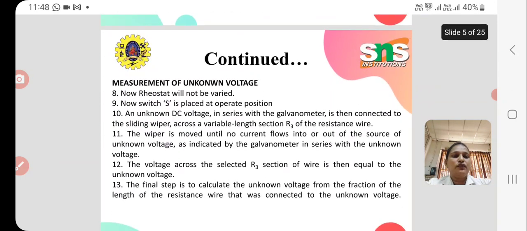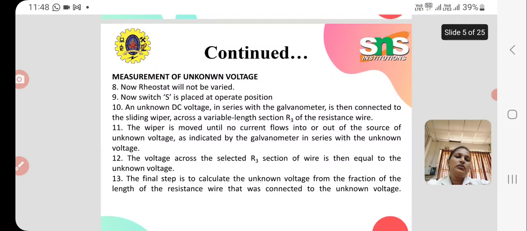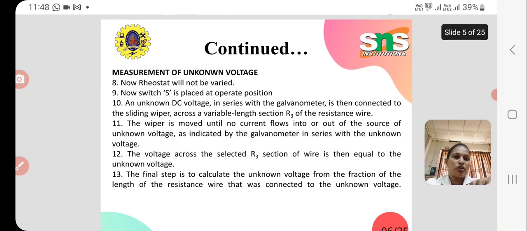After calibration, we move the switch to the unknown operating point, wherein the rheostat is not varied, but the switch is moved towards the unknown EMF. The unknown DC voltage gets added to the circuit in series with the galvanometer. Then the sliding wire is moved across the variable length until the galvanometer shows zero deflection.